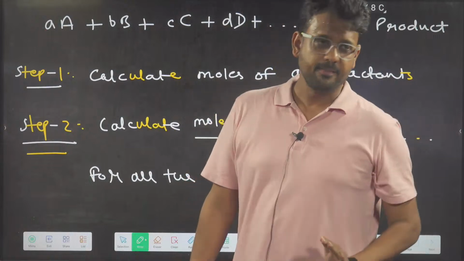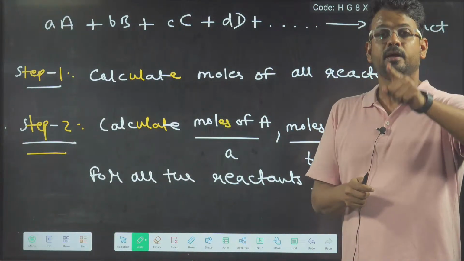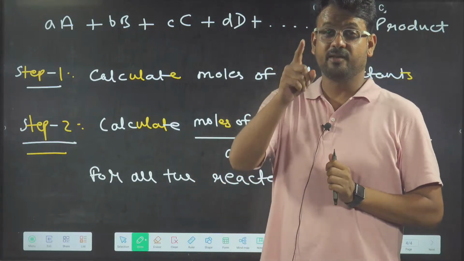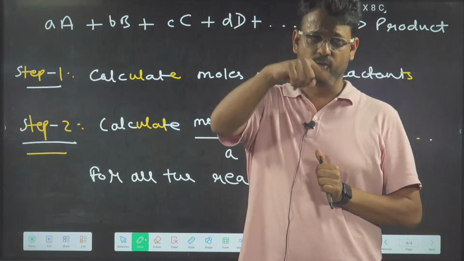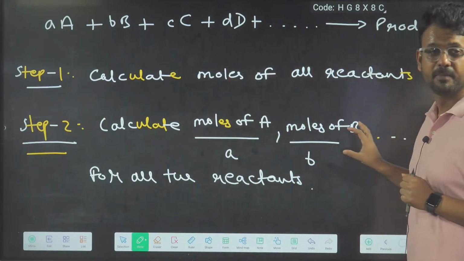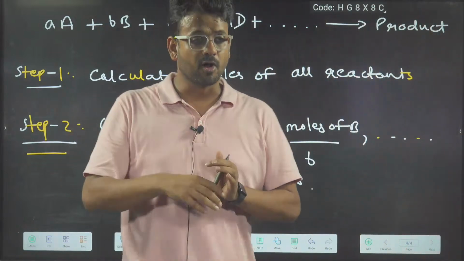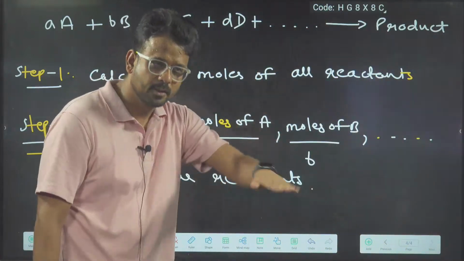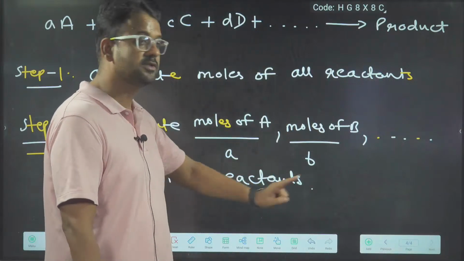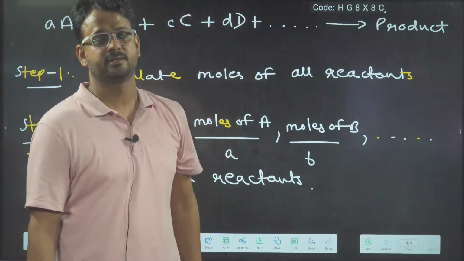Now, in a balanced chemical equation, these moles upon stoichiometric coefficient values were equal. But if you disturb the ratio, then they will not come out equal. They will come out to be different numbers. So that particular reactant for which this fraction is minimum, the least value, that reactant will be your limiting reactant.